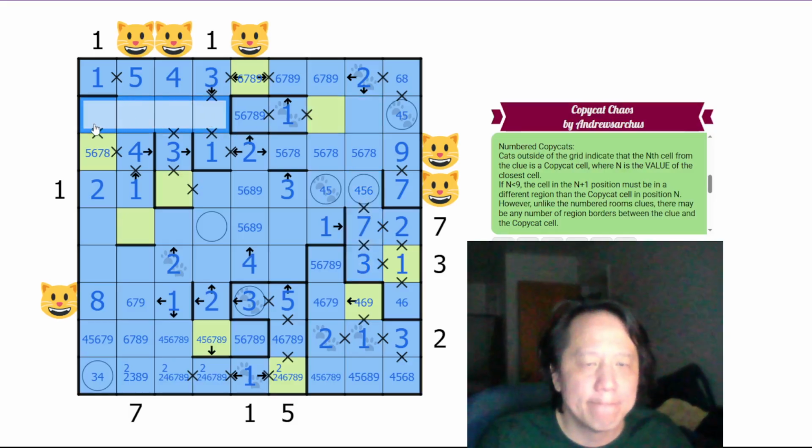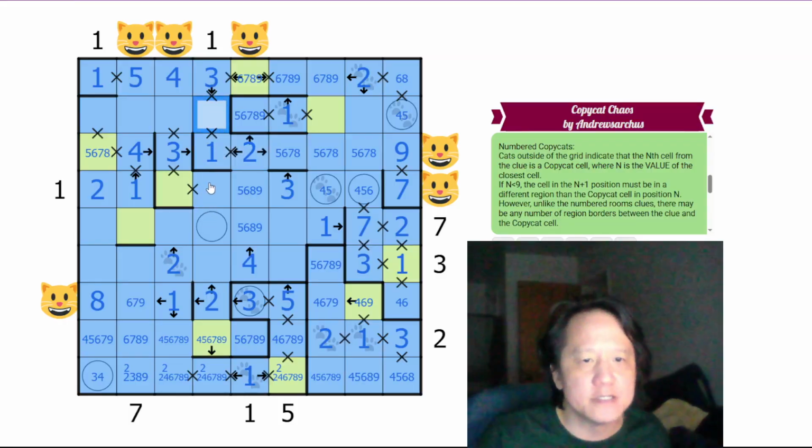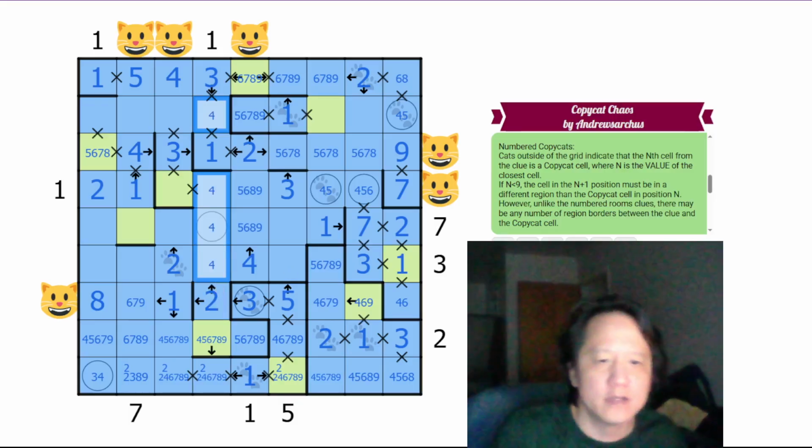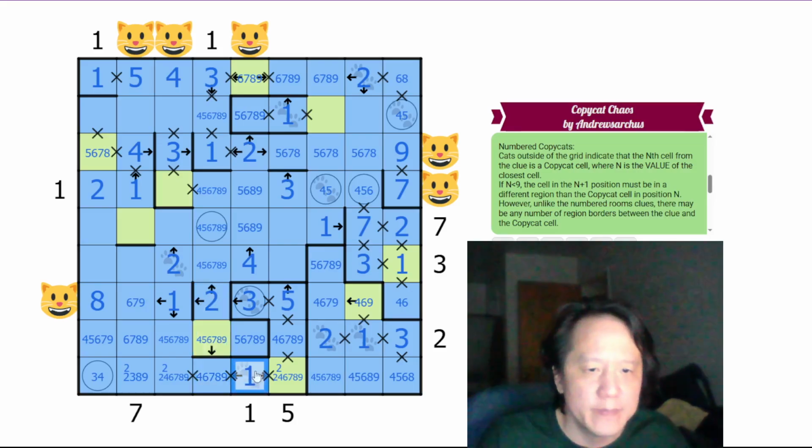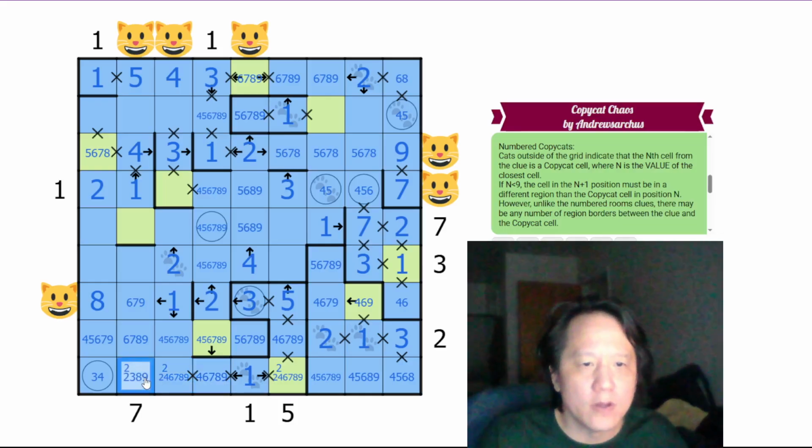No 1, 2, or 3 here. Remaining digits in column 4 are 4 through 9. This can't be 2 because of 2 in the column. Seven can be 2, can be 3 away, cannot be 8 or 9.